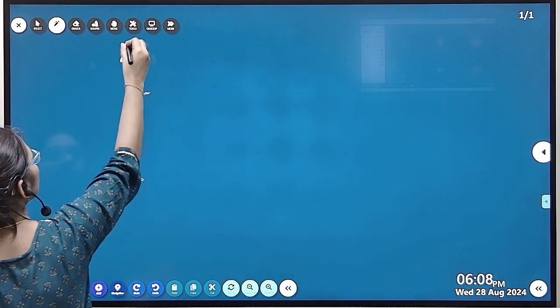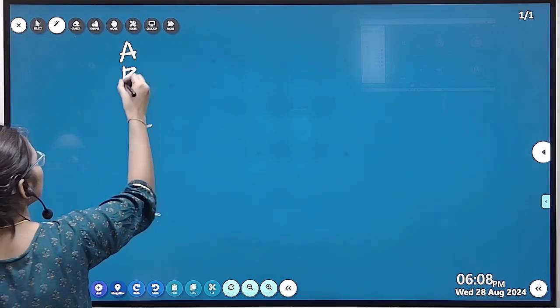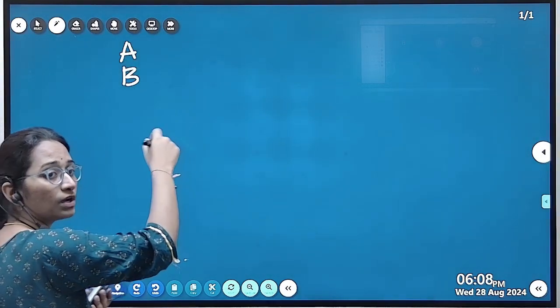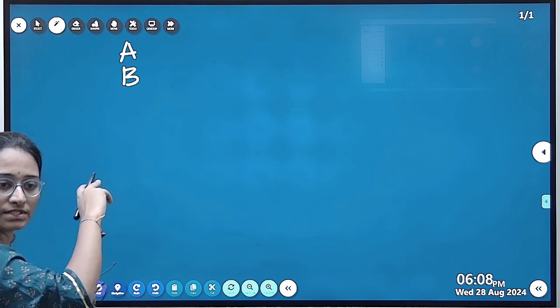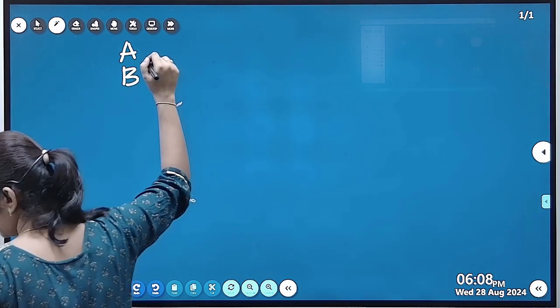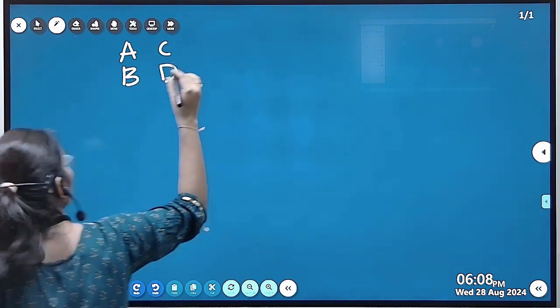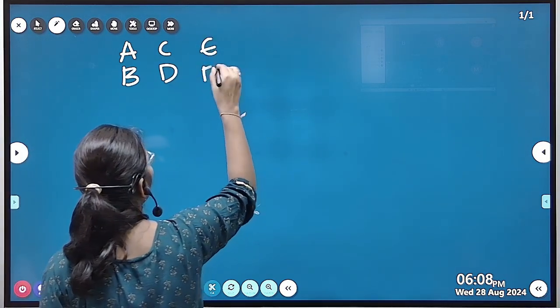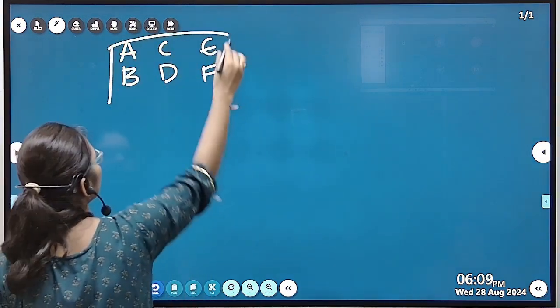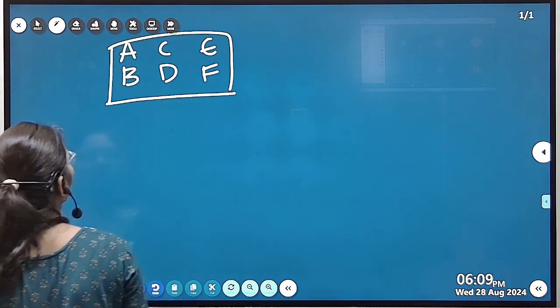A, B. Is this visible online? Is this color visible? A, B, C, D, E and F. This is the layout they have given in the question.